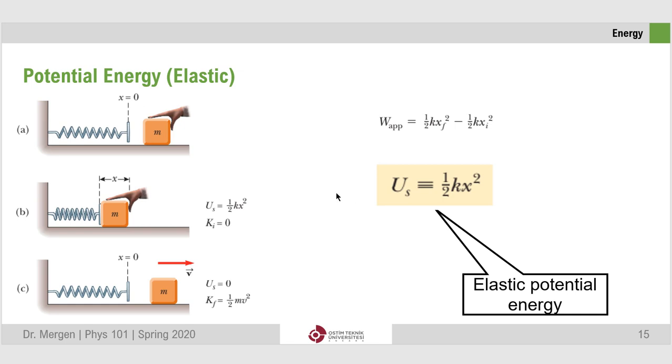And this stored energy in elastic substances is called the elastic potential energy. It can be calculated using 1 over 2 k x squared. Here the x designates the amount of compression or elongation of that elastic substance.